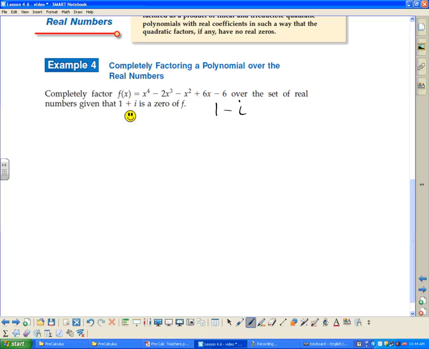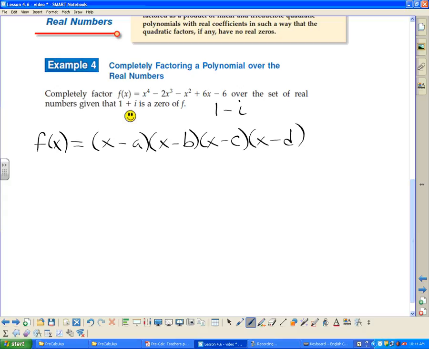So if we want to factor it, that means we're going to put it in parentheses. So f of x equals, and right now we know that if it's a fourth degree, then when I'm done, I should have 4 factors, like these 4 here.